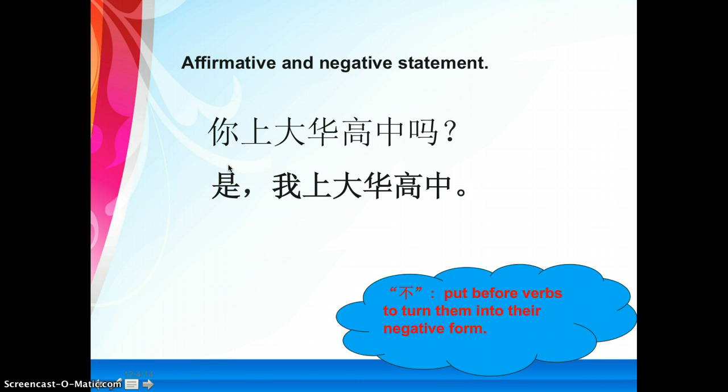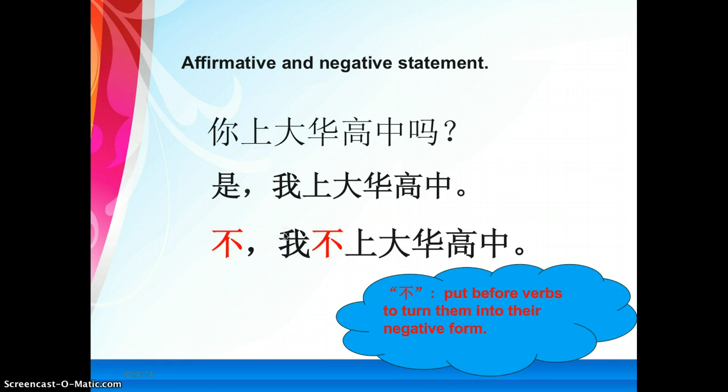If the answer is no, let's do a negative statement. That will be 不，我不上大华高中. So 不 here is no, right? I do not go to Dahua High School. The thing you need to pay attention to is that 不 is put before verbs to turn them into their negative form.